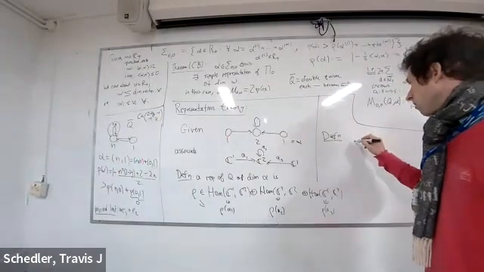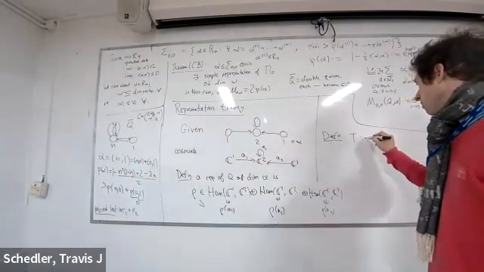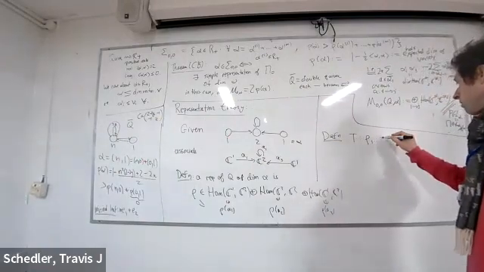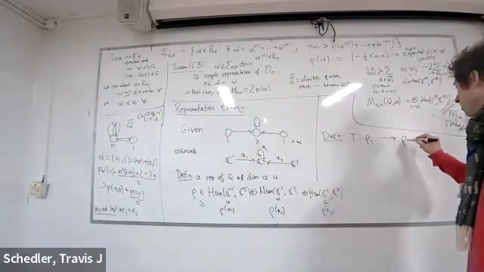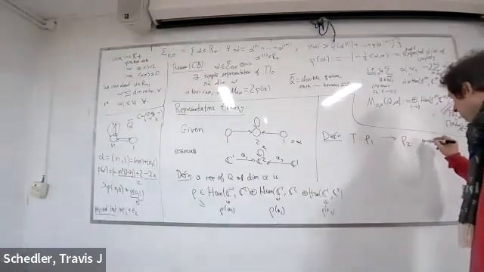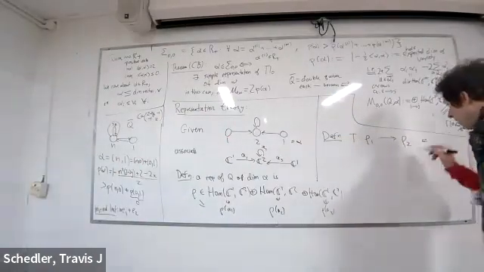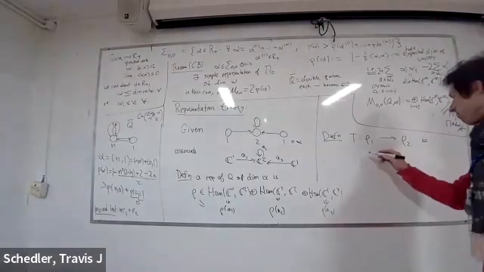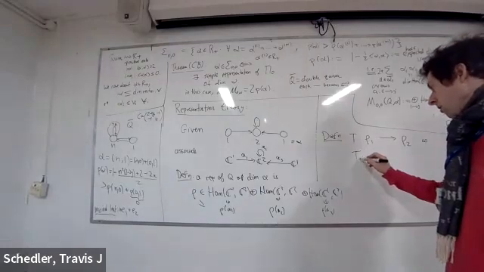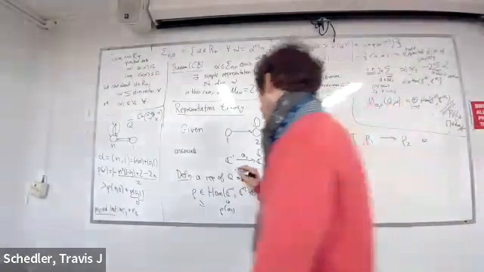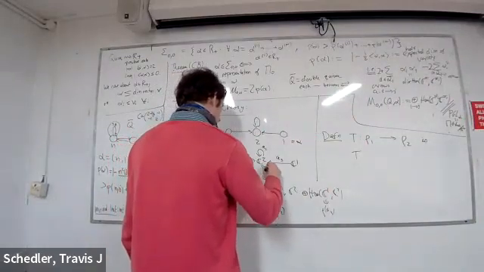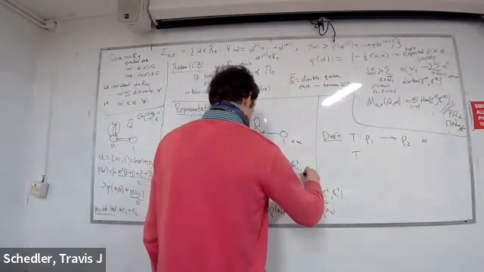So we have a linear transformation from row 1 to row 2. The system is T, so T_i. But now maybe I should better call these vertices something, so let's call them V1, V2, and V3.